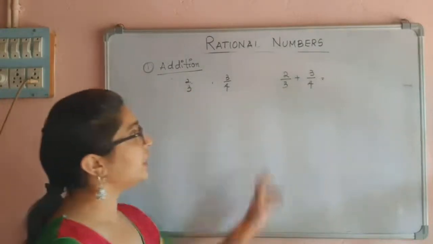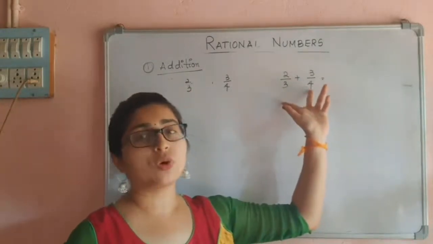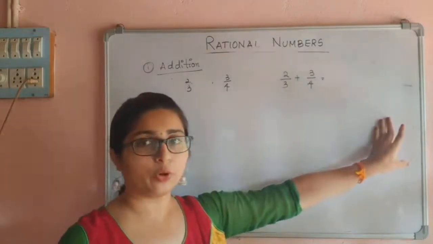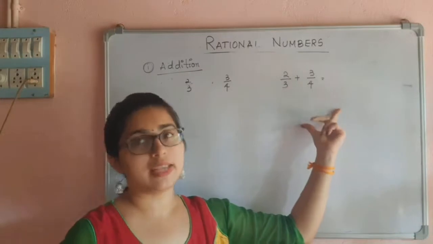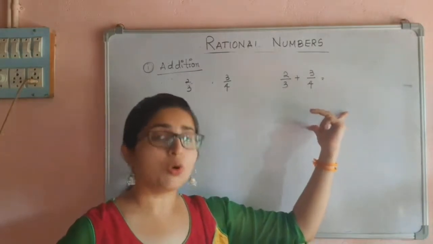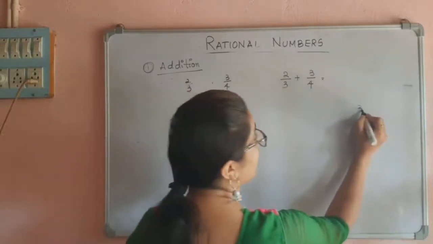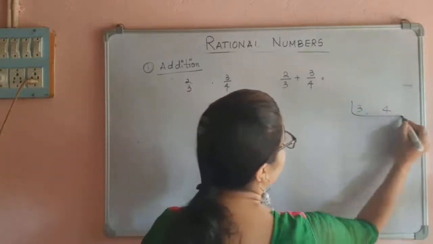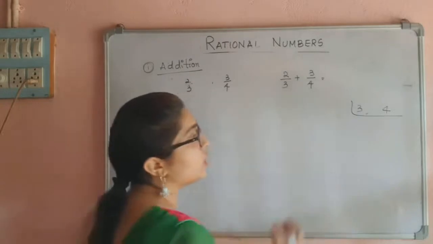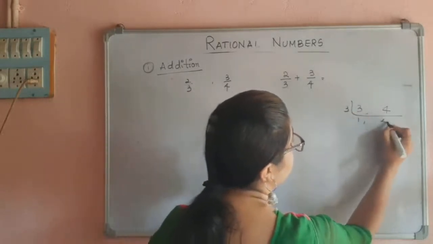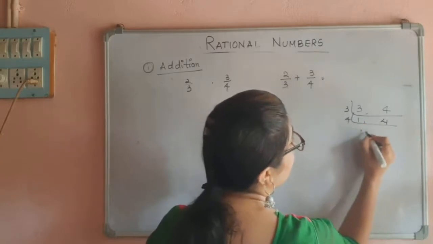Now the denominator is different, so you cannot add 2 plus 3 is 5, 3 plus 4 is 7. You cannot do that. You have to take the LCM, and you know how to find the LCM, right? So 3 and 4 do not have common divisors.